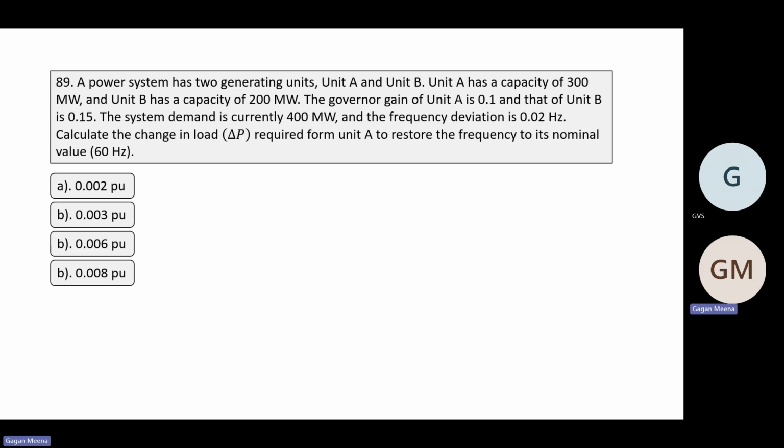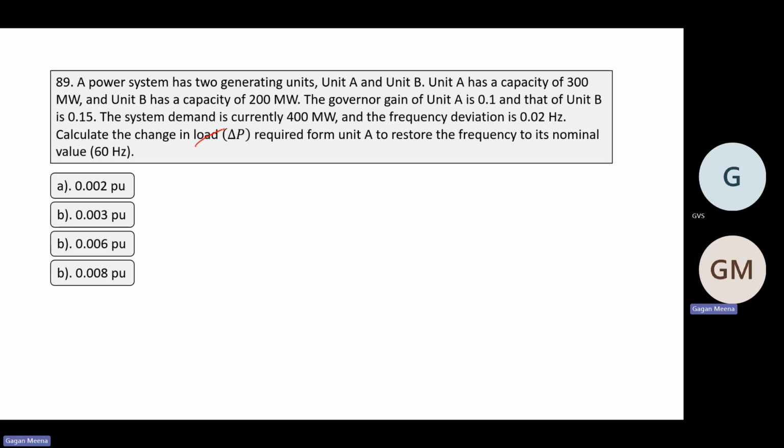A power system has two generating units, A with capacity 300 and B with capacity 200. The governor gain R is 0.1 for A and 0.15 for B. System demand is 400, and the frequency deviation is given. You have to calculate the change in generation required from A to restore frequency to the nominal value.